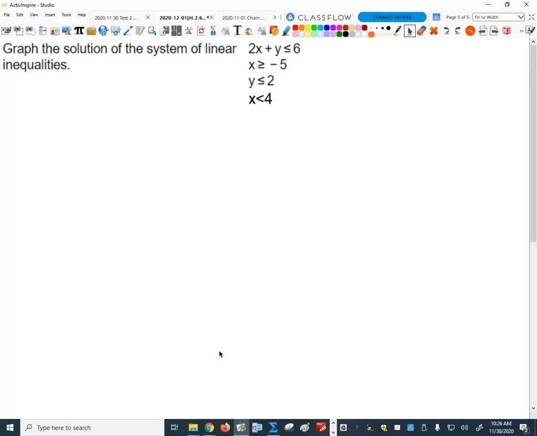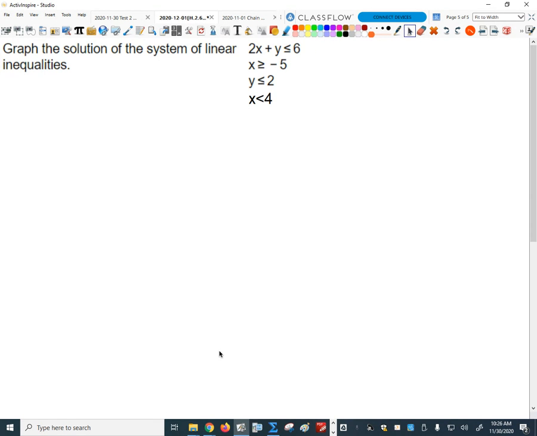And then really this last one, I don't know if we even need to do this. I mean, we're just going to graph the solution of this system of linear inequalities, and it has 4 different inequalities. But that's all right. It's going to give us potentially 4 different parts of the boundary.